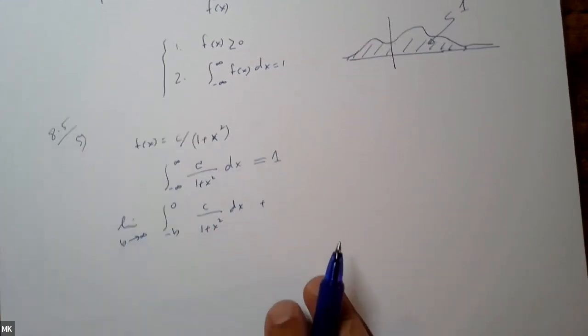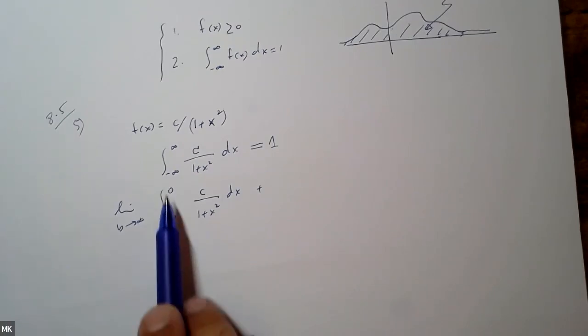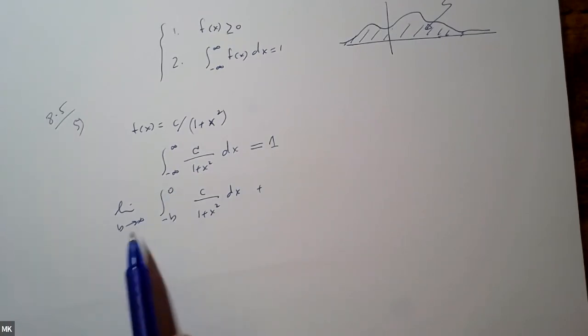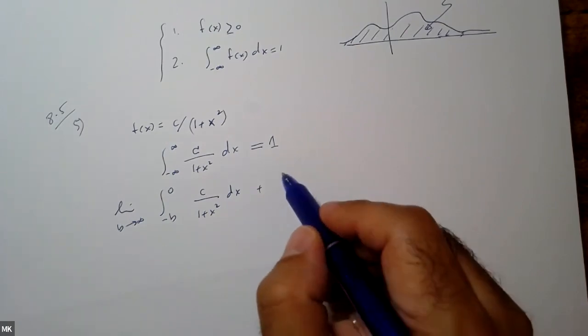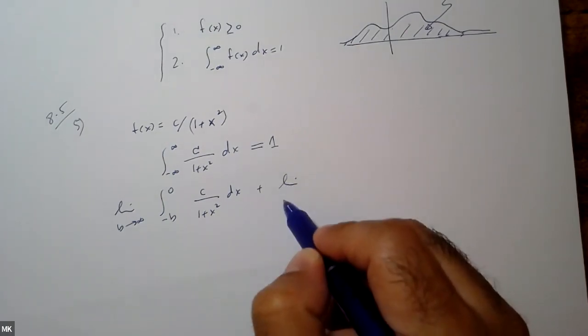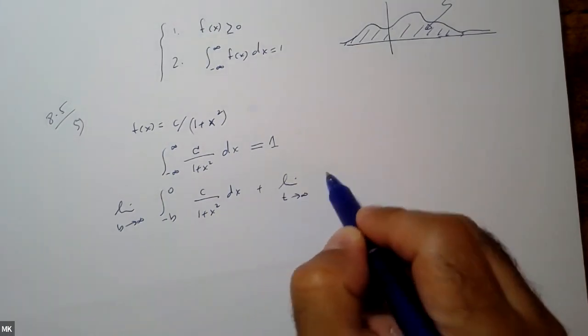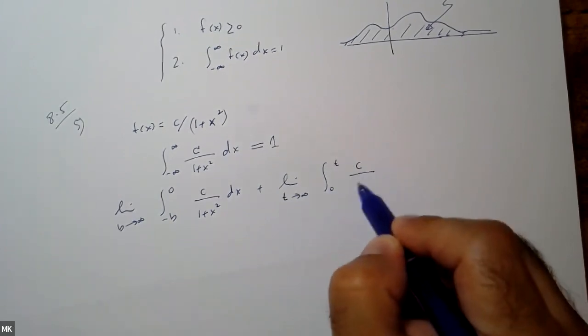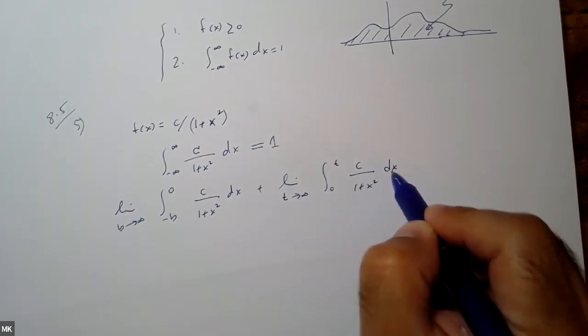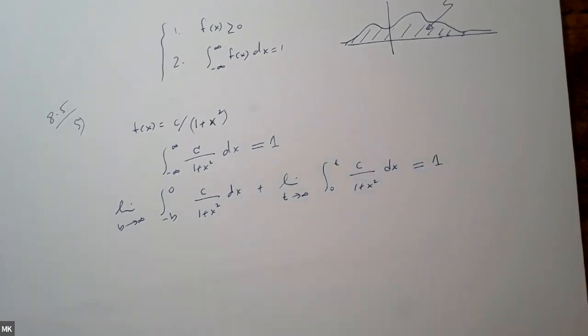You could alternatively do b to 0 and let b go to negative infinity, whatever your flavor is for this. And then the limit as t goes to infinity of the integral from 0 to t of c over 1 plus x squared dx, and set that equal to 1.